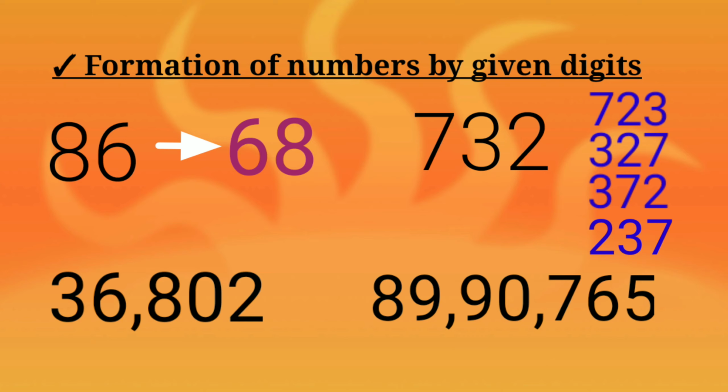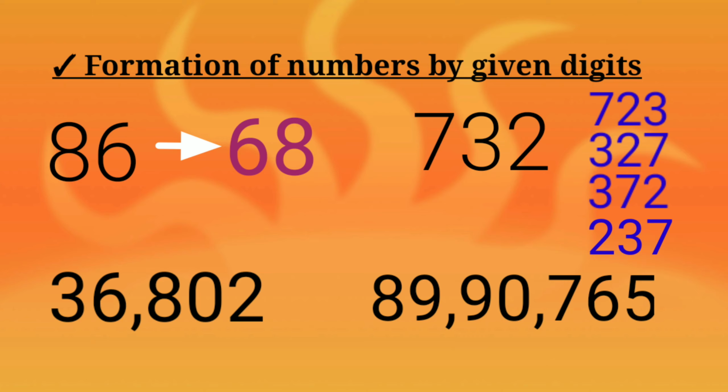It is a 5-digit number, so you actually have 5 places, so they can interchange among themselves to form many different numbers. So in this way we can actually make numbers. In fact, this is how numbers are made.